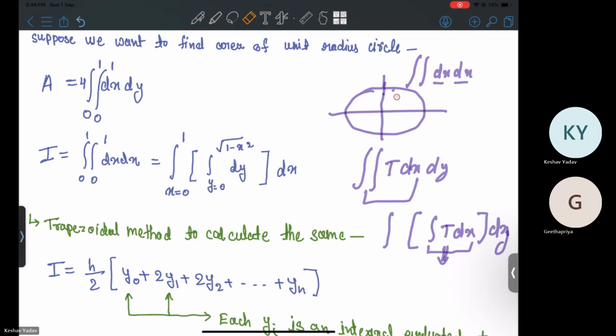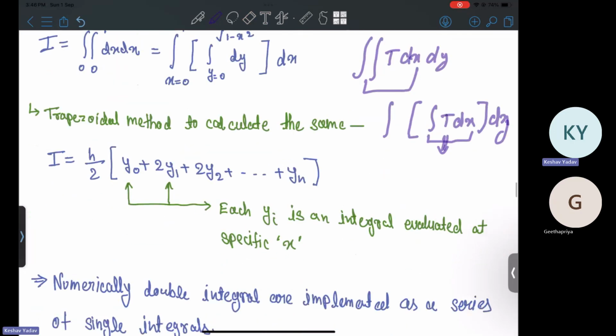Suppose t dx, this small segment we are converting to this strip. Now we are integrating this strip over our y domain. Okay, this is what we are doing. Means first we are integrating with respect to x, then we are integrating with respect to y.